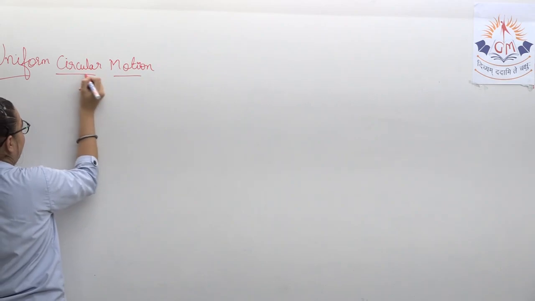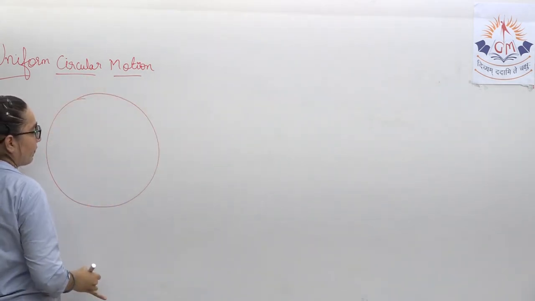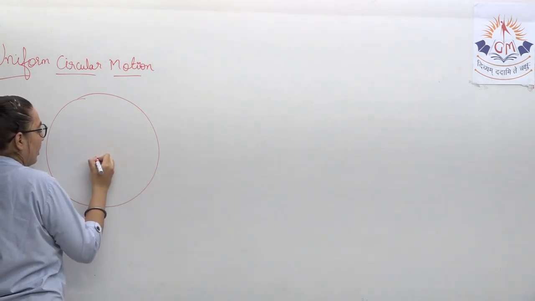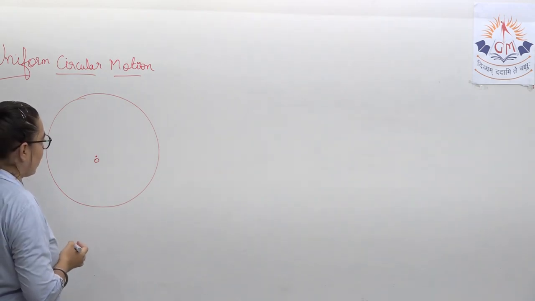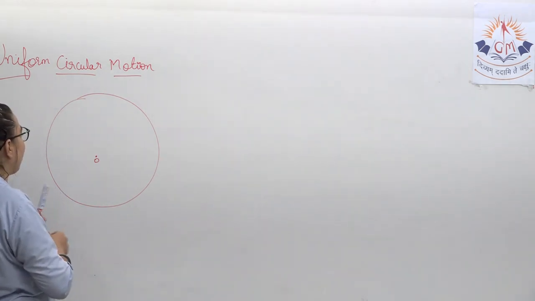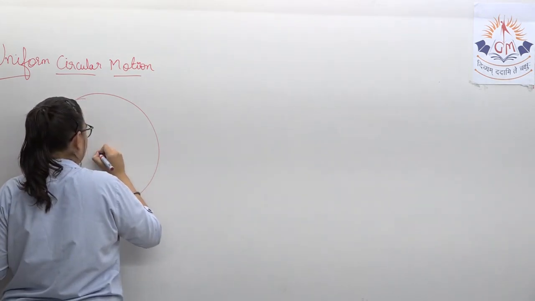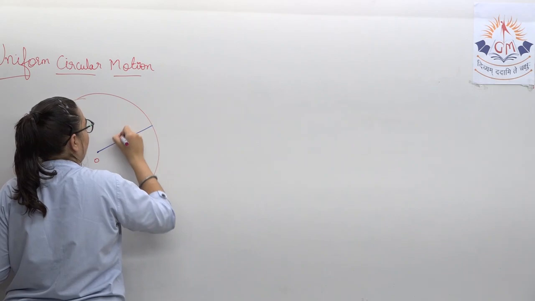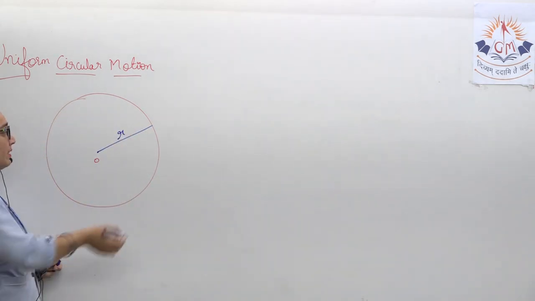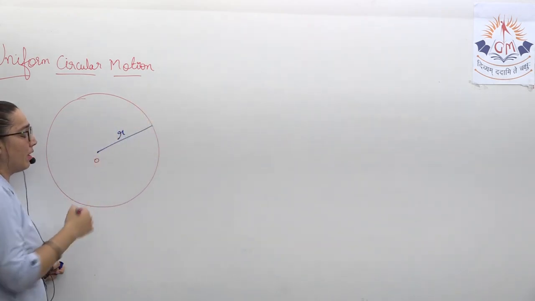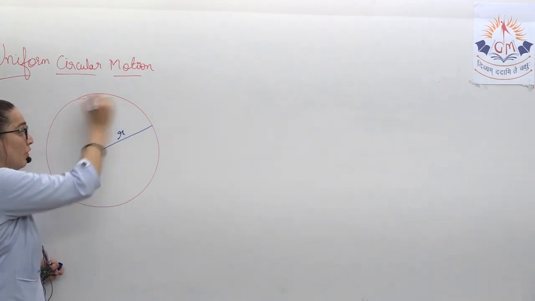The word itself says circular motion, that means the object is moving on a circular path. When the object is moving on a circular path, suppose this is the center of the circle, that is O, and it is having the radius R. Now I will tell you what the radius is. We have already studied in circular motion how the object moves on a circular path.